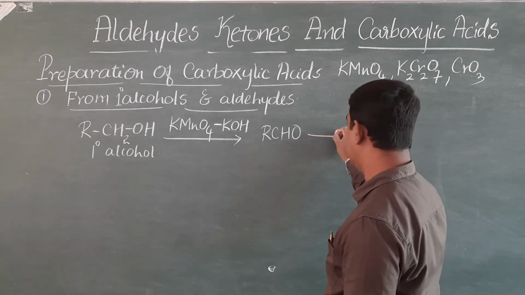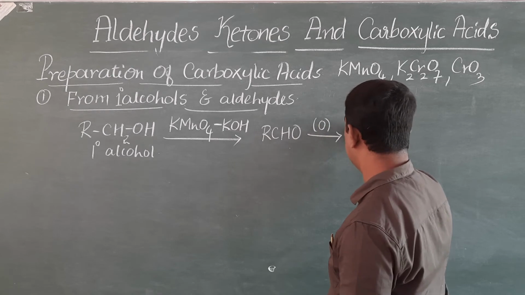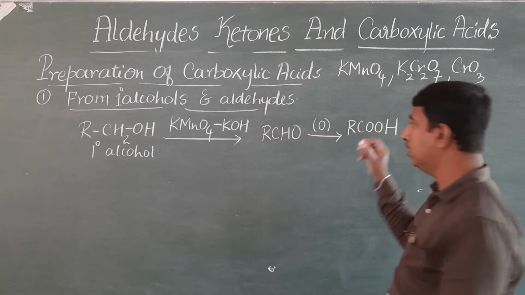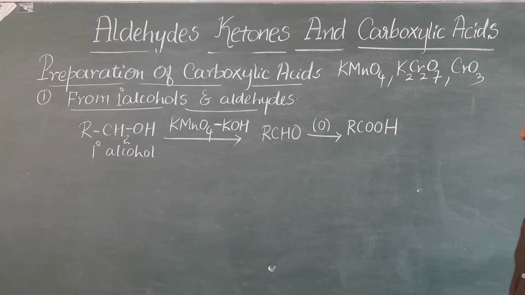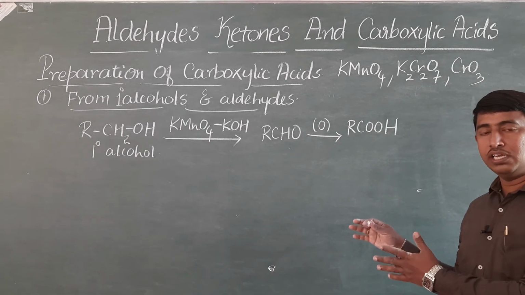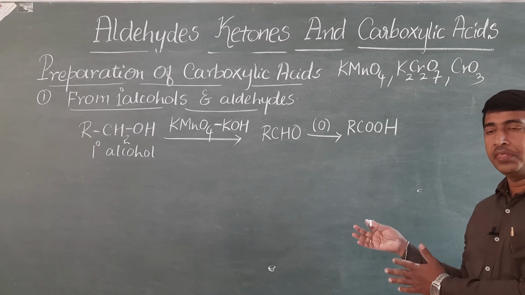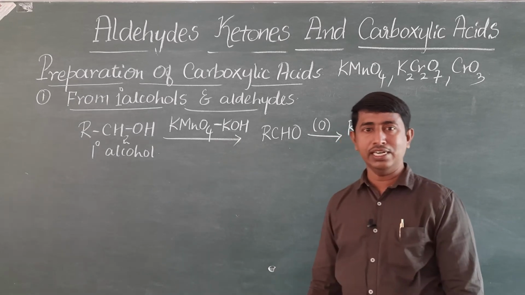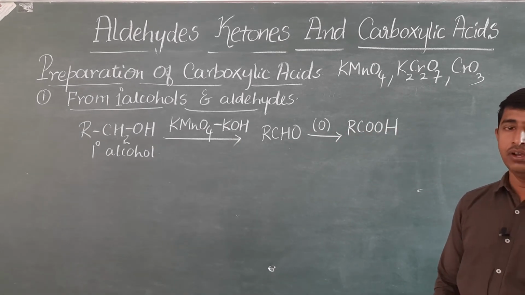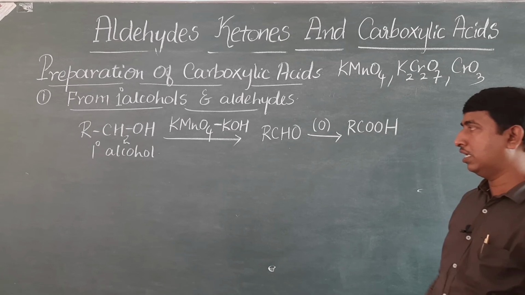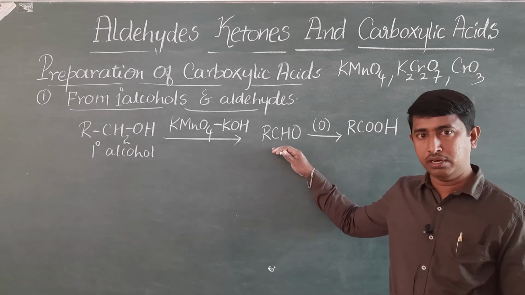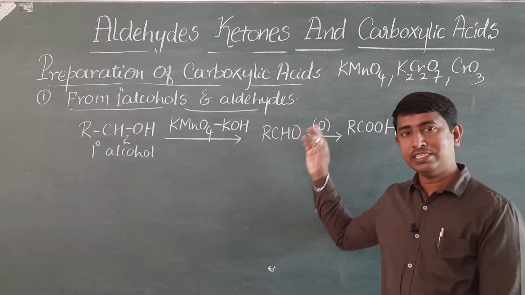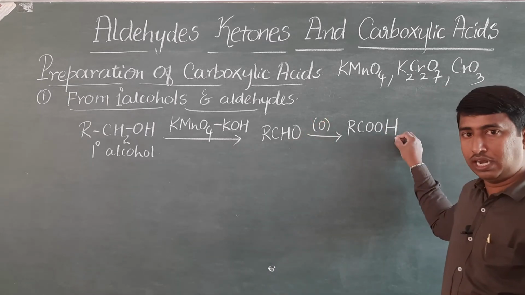This aldehyde undergoes further oxidation, forming carboxylic acid. Because the oxidizing agent is powerful, oxidation will not stop here. Once aldehyde is formed, this aldehyde further reacts with the nascent oxygen, forming carboxylic acid.